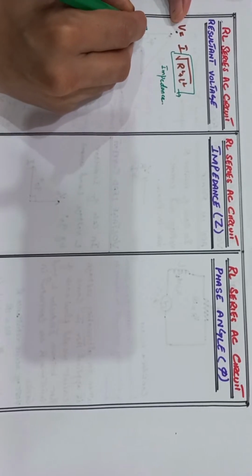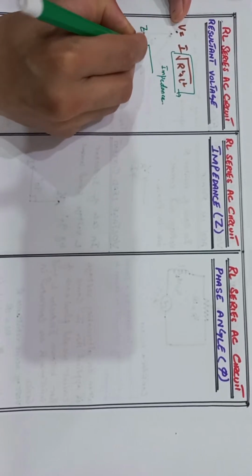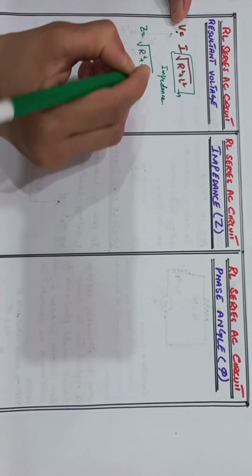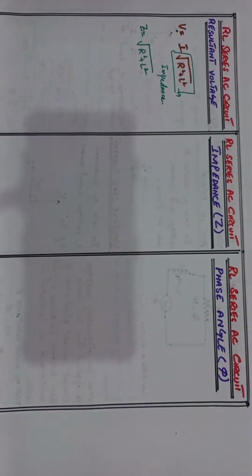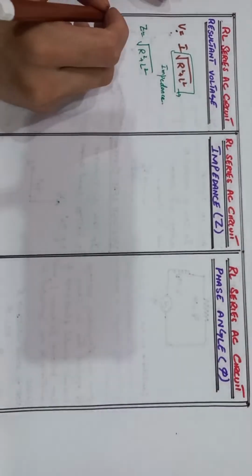Impedance is shown by Z, equal to the square root of R squared plus XL squared. Impedance is the combined opposition offered to the flow of current.